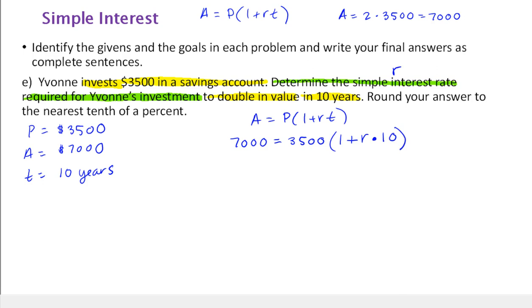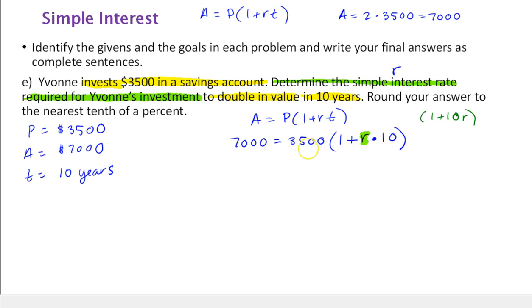Now our goal is to solve for R. Okay, and you may note, I'm going to leave this like this, but I just want you to note we usually would write this as 1 plus 10R. We like to write this number that we call the coefficient in front of the letter. Okay, but I'm going to leave it like this because it serves the same purpose.